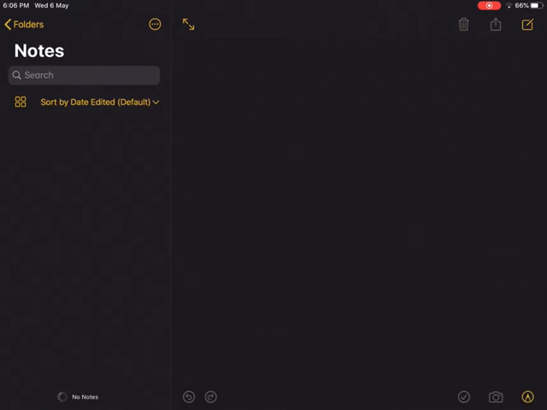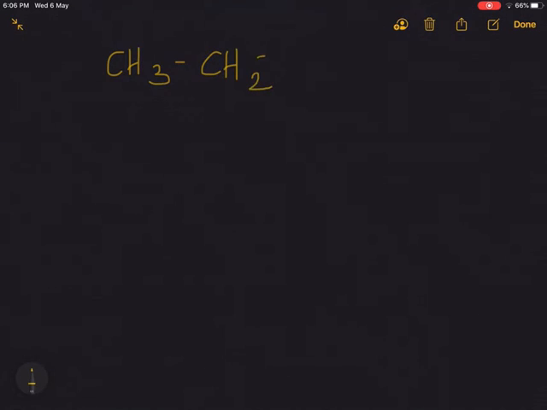Similarly, consider another compound, CH3CH2Cl, chloroethane. Okay, how many peaks can we expect in the NMR spectra of chloroethane? The compound contains 2 different sets of protons.